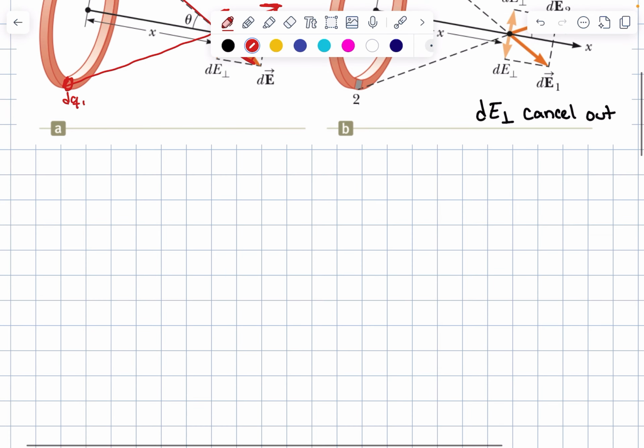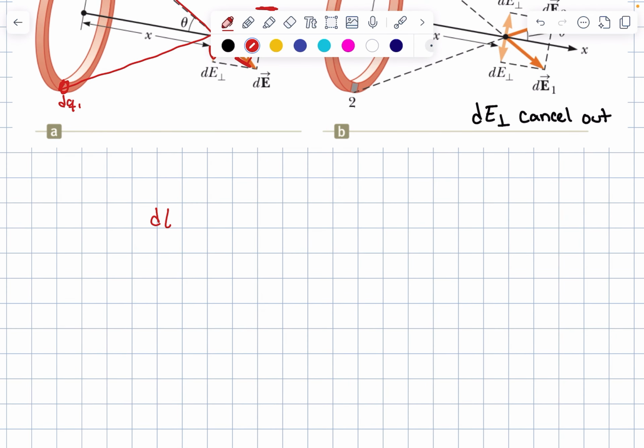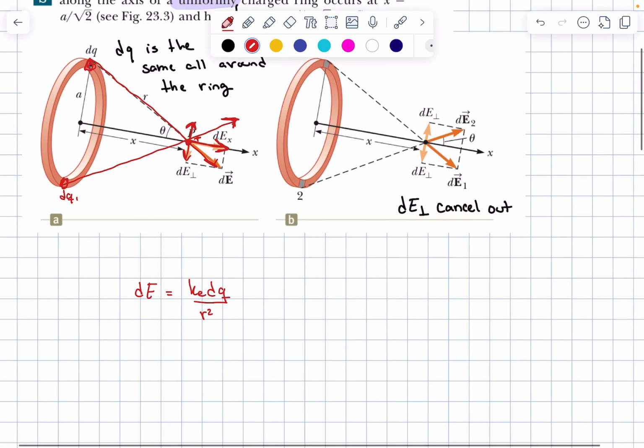We'd say that dE is equal to ke dq over r squared. Now this is just saying that a small portion of the electric field at this point is equal to, when we take a little chunk of charge, its impact on the electric field.